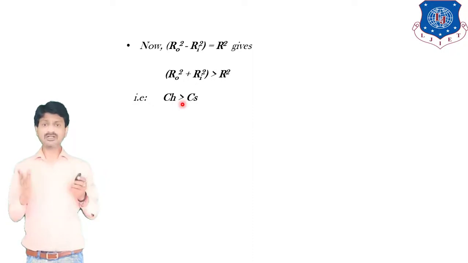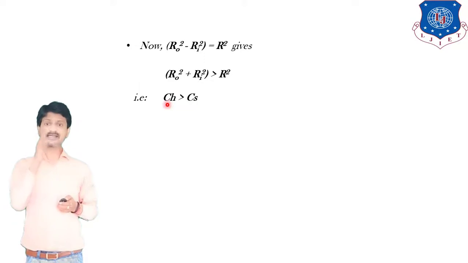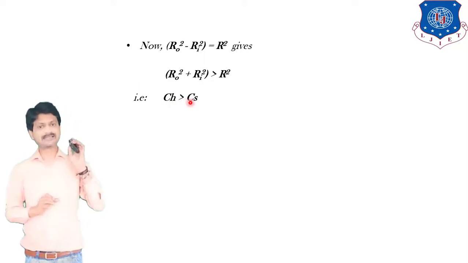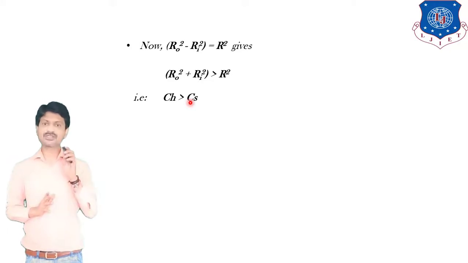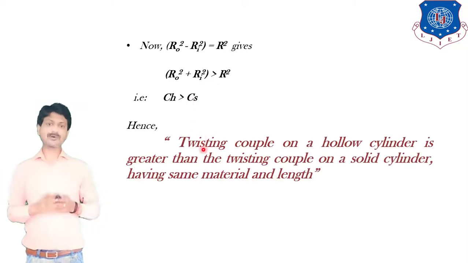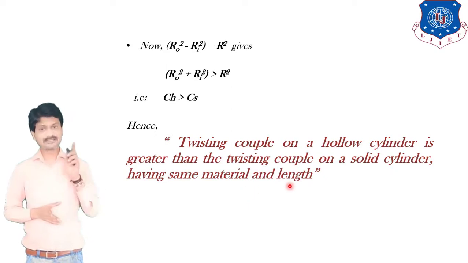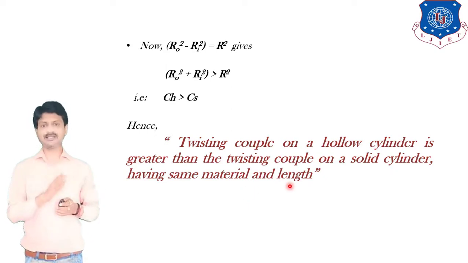So what we have concluded is that CH stands for twisting couple for the hollow cylinder and CS stands for twisting couple of the solid cylinder, so CH is greater than CS. It means that the twisting couple on a hollow cylinder is greater than the twisting couple on a solid cylinder having the same material and same length.